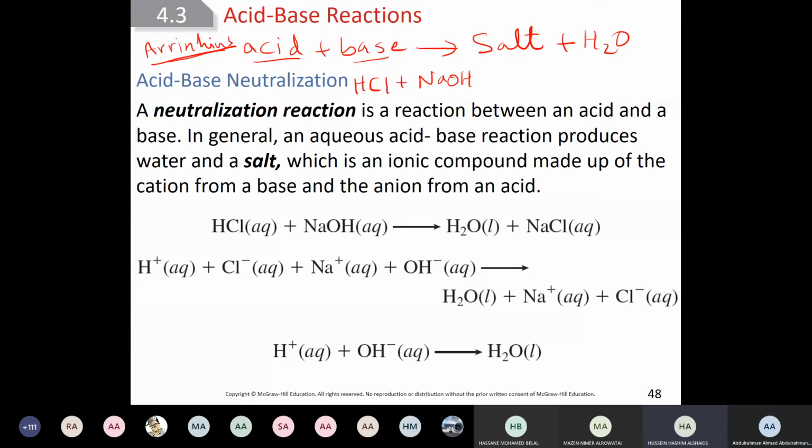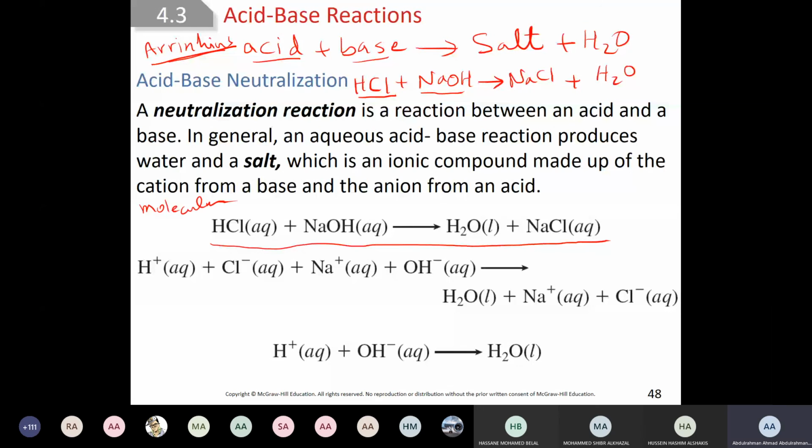NaOH. What's HCl? It's an acid. Why? Because it will give hydrogen. This will give NaCl plus water. Is this clear? All right. So this is the first equation, and we're going to call it the molecular equation.